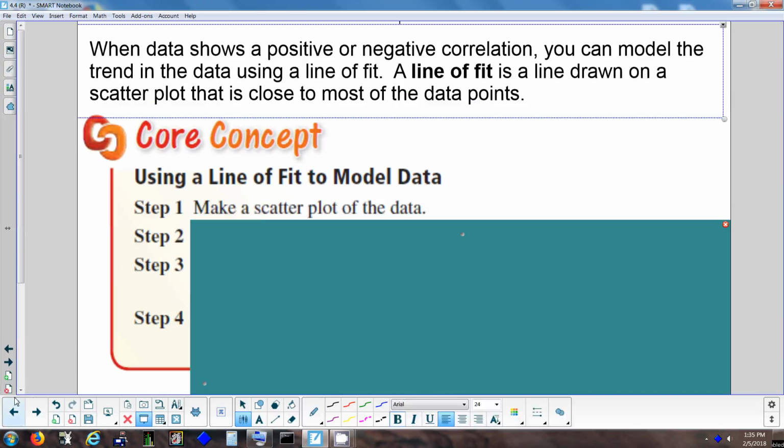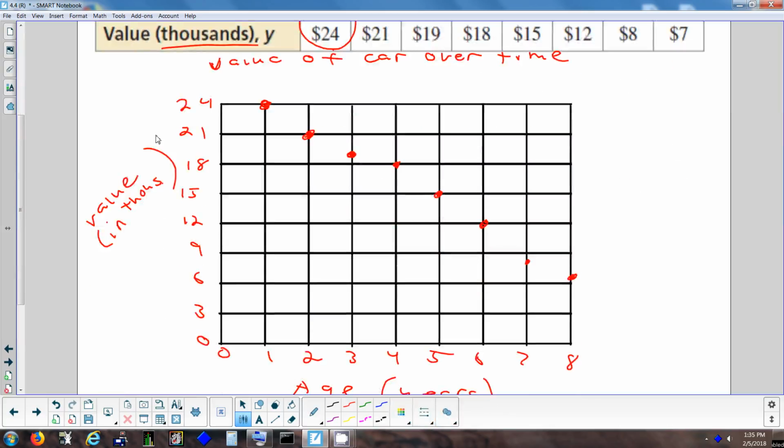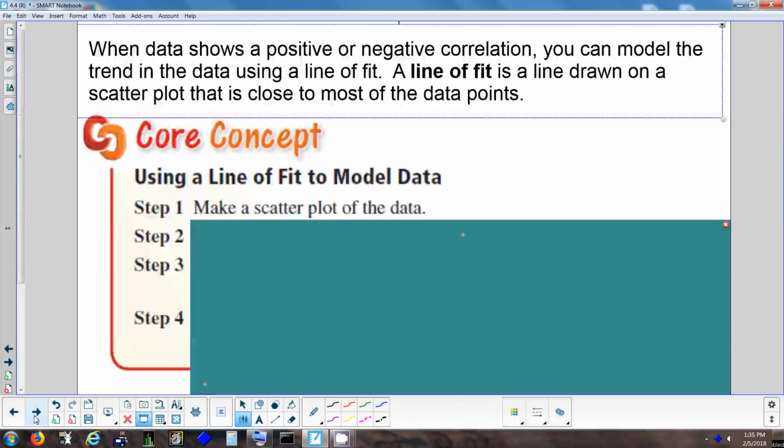Make sure you number each axis in a way that makes sense. Like the last one, like Savannah said, go by 3 because that was the best way to model the data. Everything that we just did, labeling, coming up with a name for your scatter plot, all those things come under making a scatter plot.